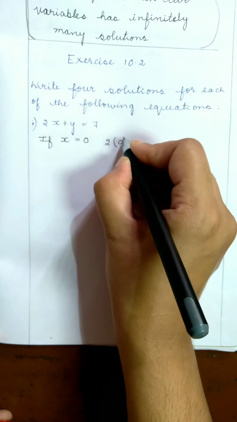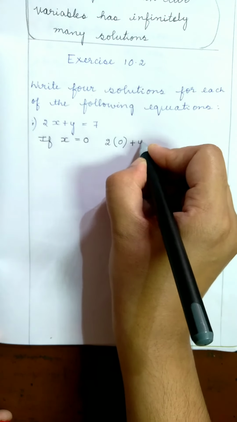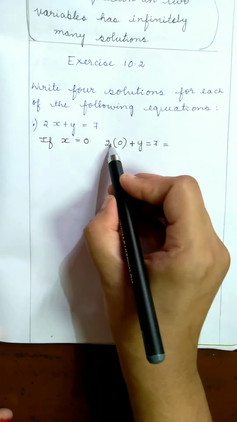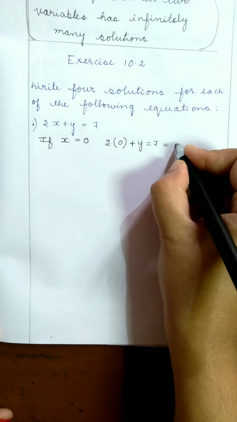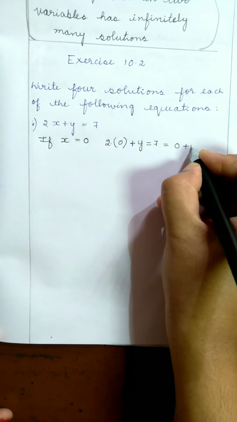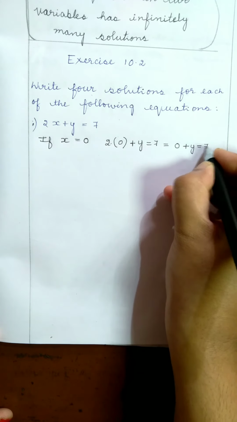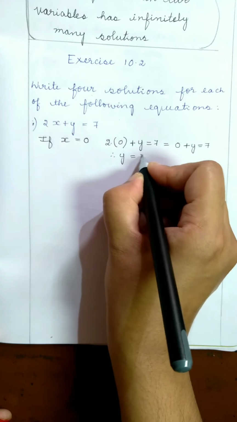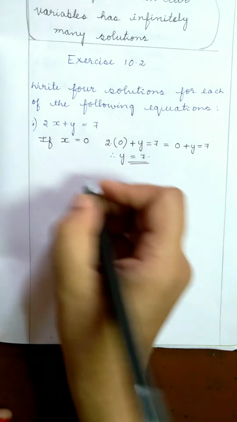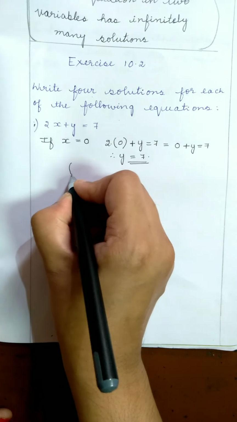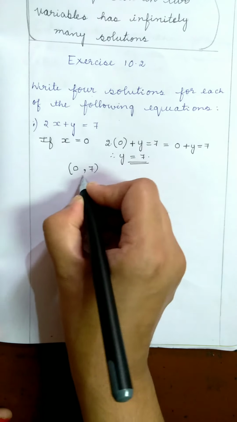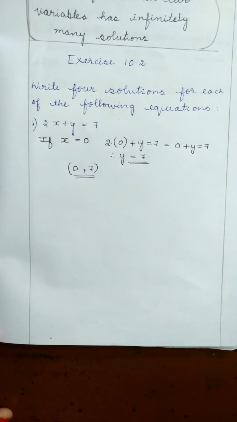So 2 into 0 plus y equal to 7. 2 zeros are 0, so y equal to 7. Therefore, the y value will be equal to 7.